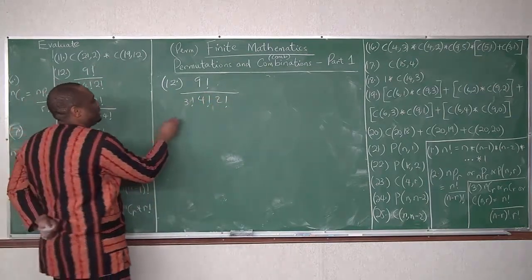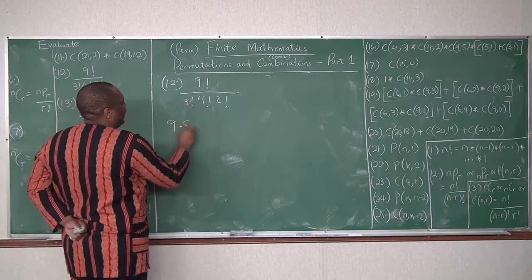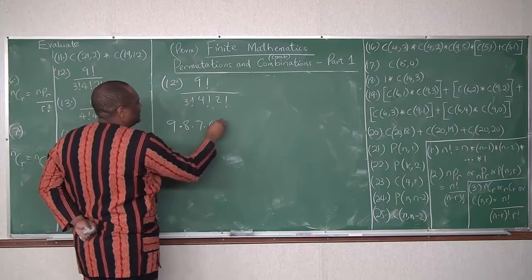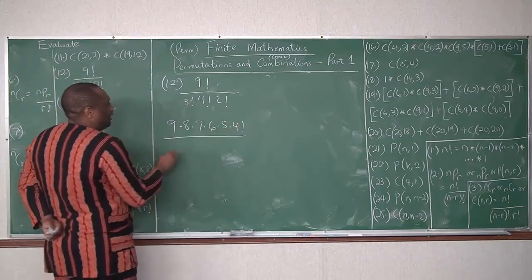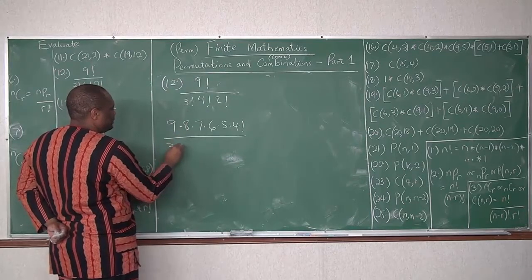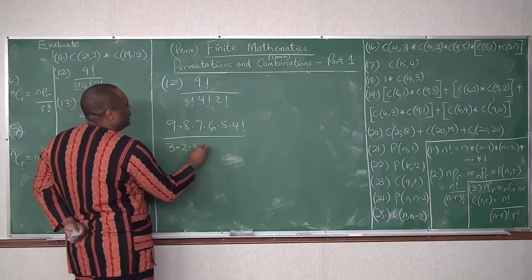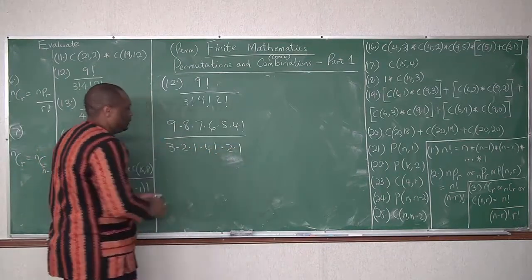So what will this give us? This is 9 times, we stop at 4, 8 times, 7 times, 6 times, 5 times 4 factorial, all over 3 factorial. Let's go ahead and write it. 3 times 2 times 1, then times 4 factorial times 2 times 1.